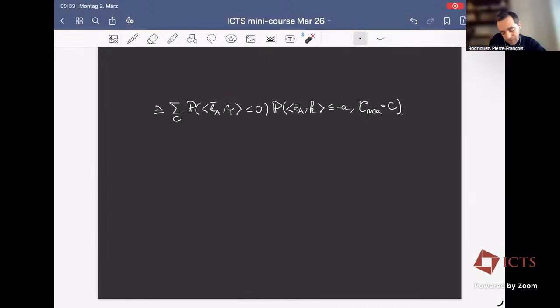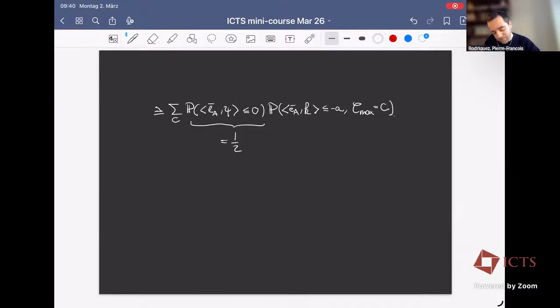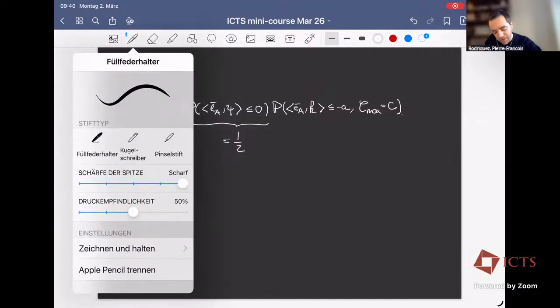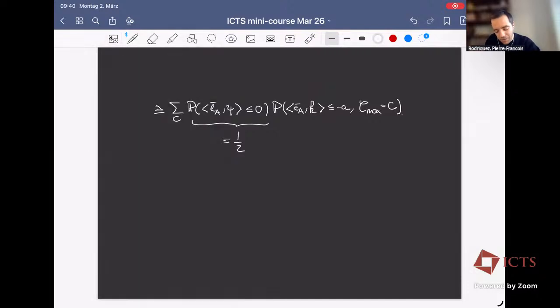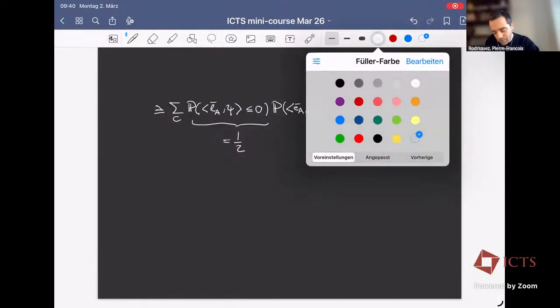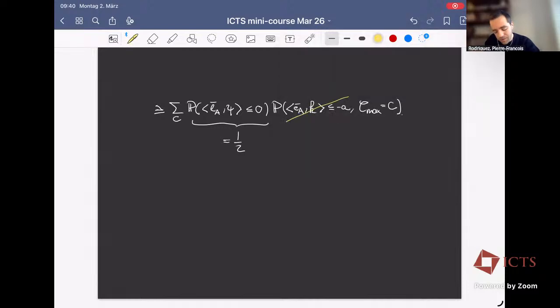So this here is just a Gaussian random variable, and it's not degenerate. That's easy to show. So that probability is actually just equal to a half. And now the thing to notice is that I claim that you can basically rid yourself of this event altogether.